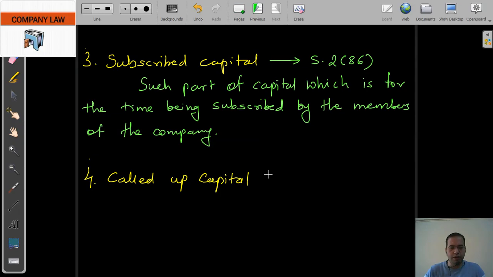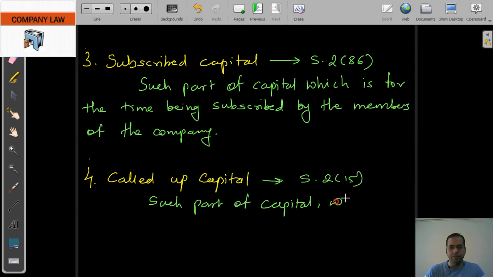What is meant by called up capital? It is defined under section 2 subsection 15 of the Act. It is such part of capital which has been called for payment.